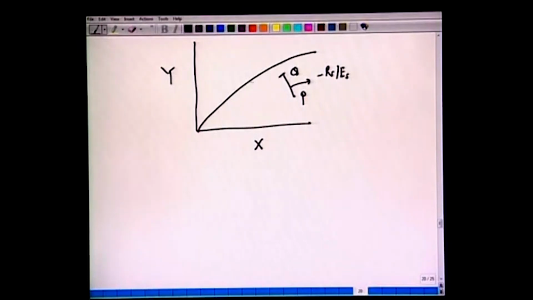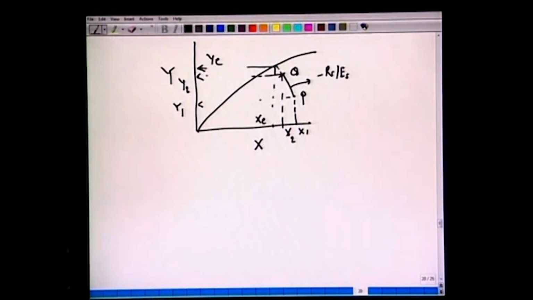So the leaving stream compositions here are y1 and x1, and the leaving stream here has composition x2 and y2. For x1, we have this y1. Now, if they are in equilibrium, then we can extend this line, and we can mark this point as ye. Equivalent to this, we have this xe.